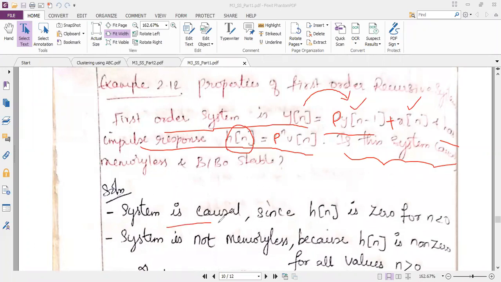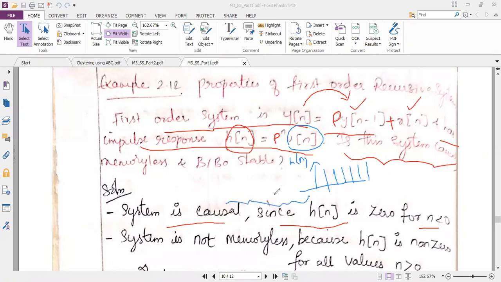I can say the system is causal. Why? Because my h of n is 0 when n is less than 0. You all know very well, if I mark h of n in the diagram, they have given h of n in terms of u of n. That means I'll be having samples only at the right hand side. When we concluded the causality property, we concluded that h of n will be equal to 0 when n is less than 0.